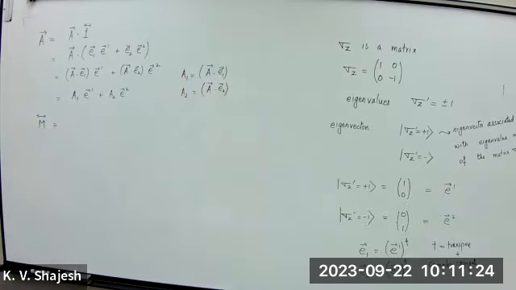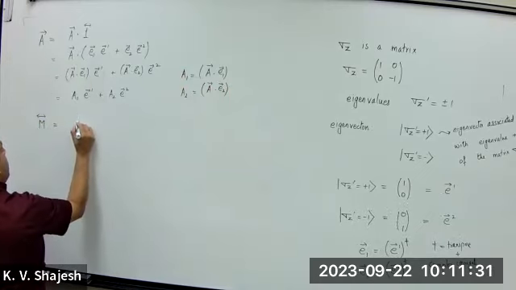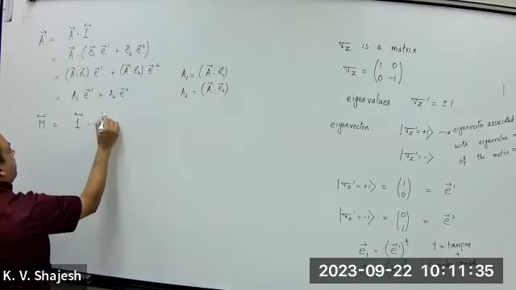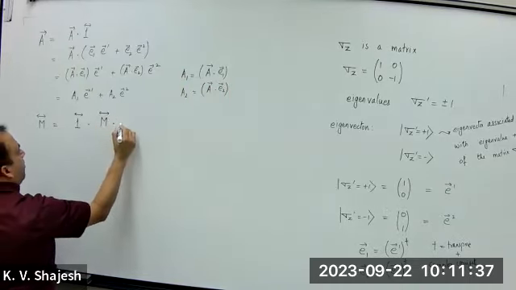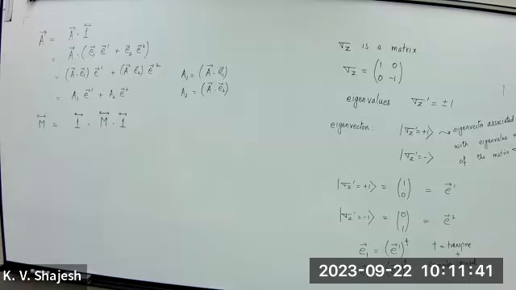A matrix has 2 indices, so I do this on both sides. I multiply by 1 on the left and 1 on the right. Notice the trick I'm doing.